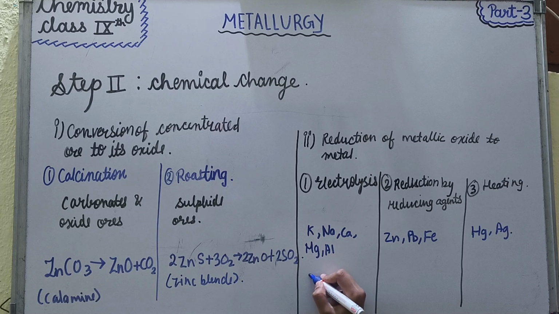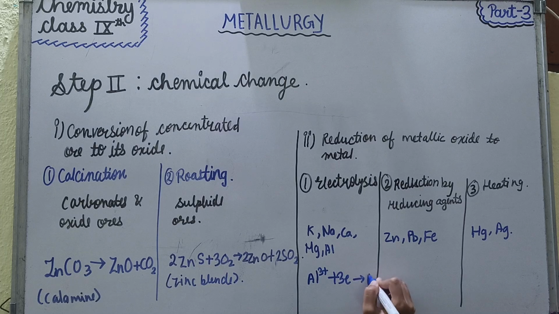The reaction, we can say Al3+ plus 3e- gives Al at cathode.